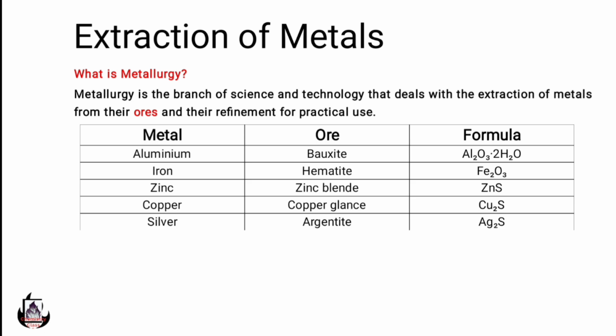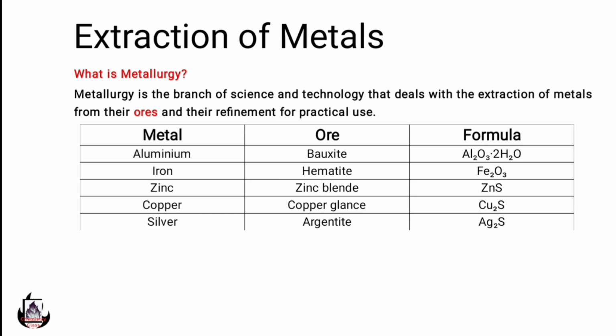Some examples of metals and their ore with chemical formula. Number 1, aluminium. The ore for aluminium is bauxite and the chemical formula is Al2O3·2H2O. Second, iron. Iron we get from hematite, and the chemical formula for hematite is Fe2O3. Zinc.